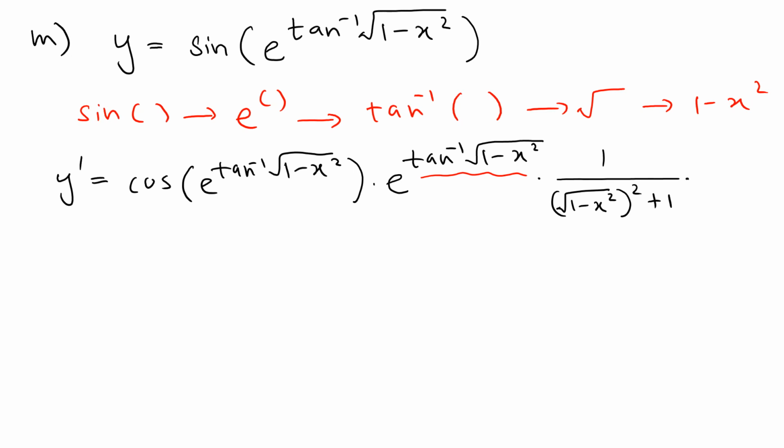So it is we have a 1/2, and then we have 1 minus x squared to negative 1/2. Finally, you're going to multiply this one by the derivative of the inside function of that, which is negative 2x.